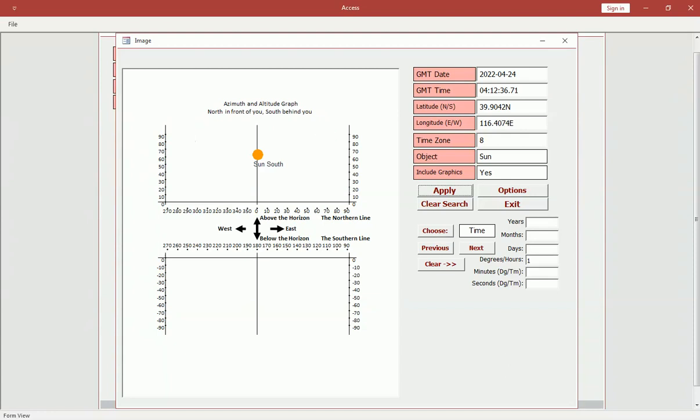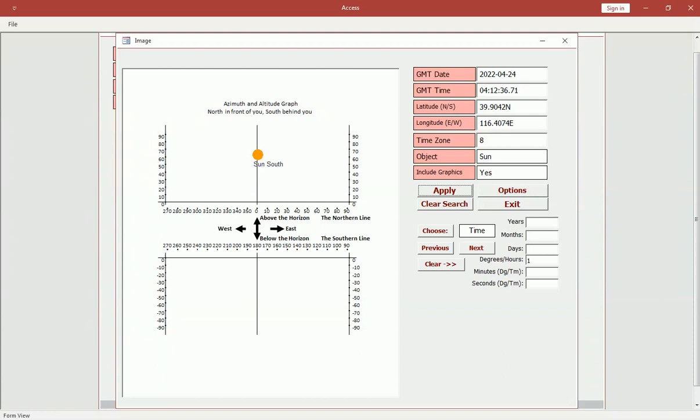This is a large distance in a 2D graph, but it is not a large distance in 3D space, because as we said in the previous video, this point is actually the same as this point. The altitude needs to be viewed as a circle.